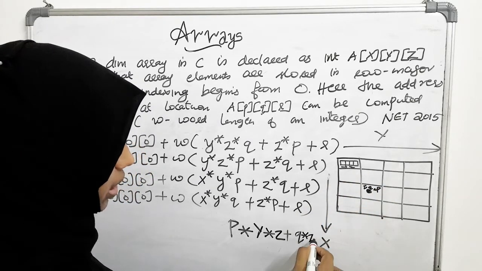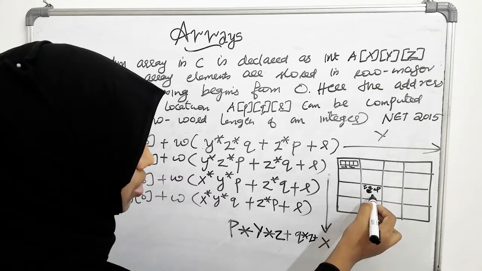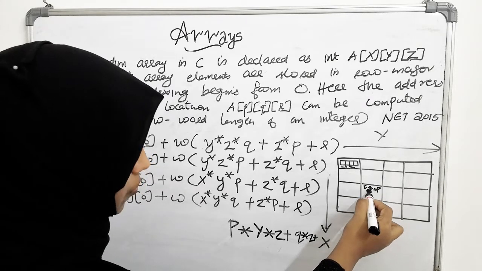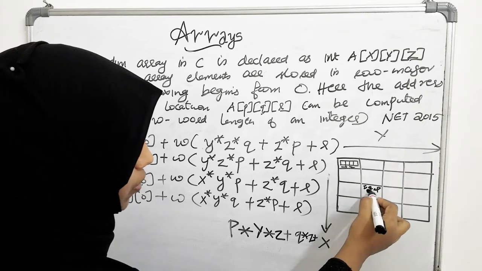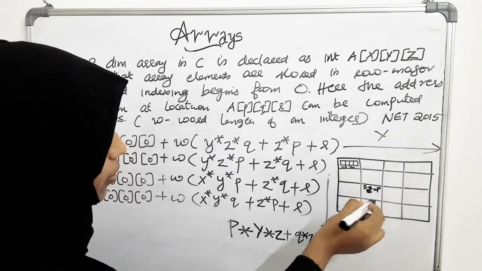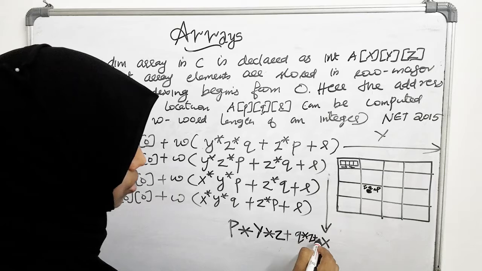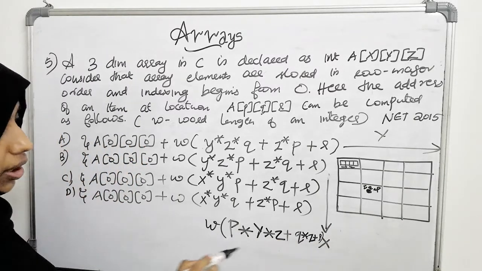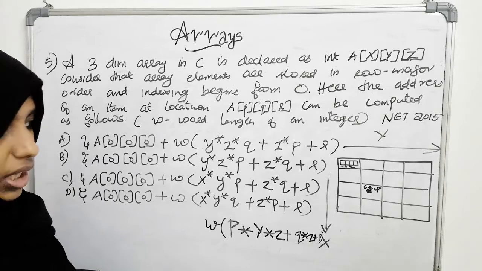So q into z. Now we reach this position, where we have an array of size z. From the one-dimensional array we need the rth element. So r into W will give you the total number of locations you need to skip.